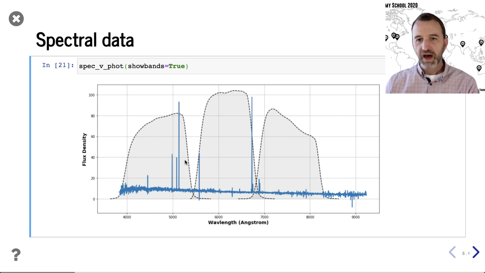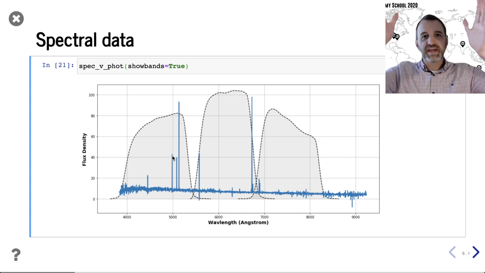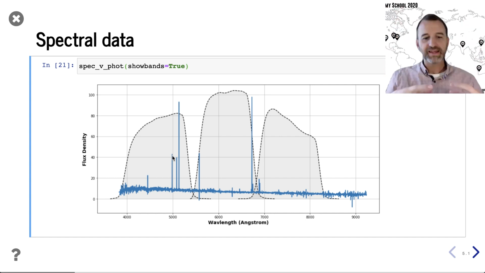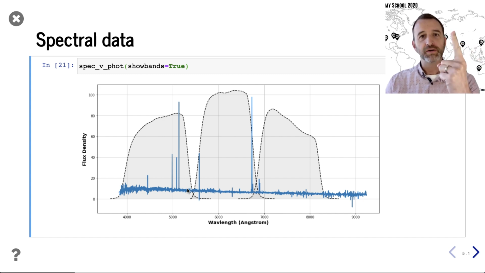So we have a band that spans 1,500 angstroms, and any light we get within that spectral bin, we're all integrating together. We're doing a convolution of this filter function with this spectrum, and from that convolution we get one number, 15.6. That's the number you get for all this right here. For all these thousands of little spectral bands in the spectrum, you only get one number.